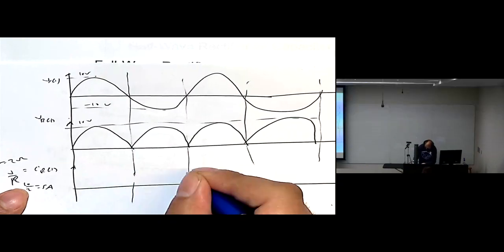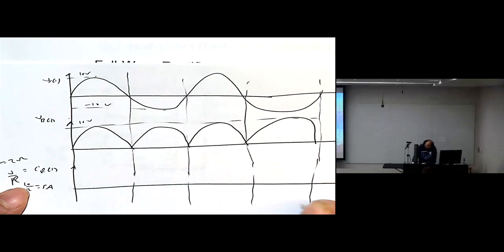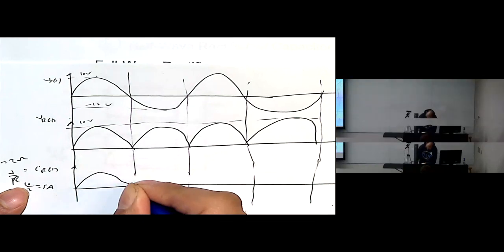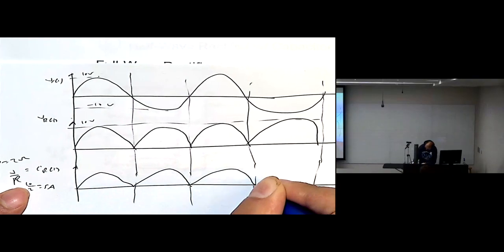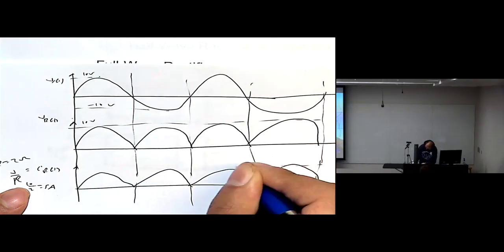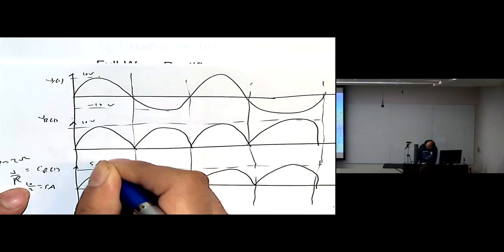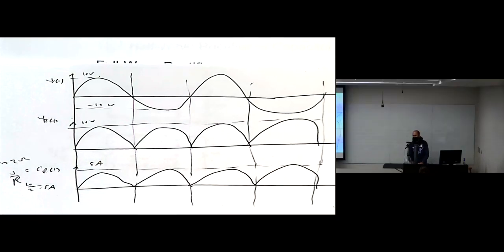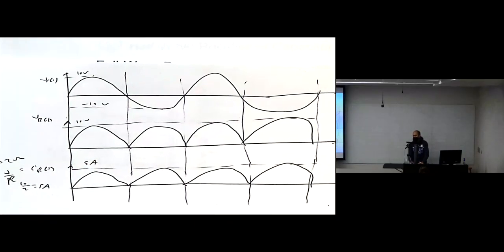So the current has the same waveform as the voltage. So those are all 5 amperes. Any questions?